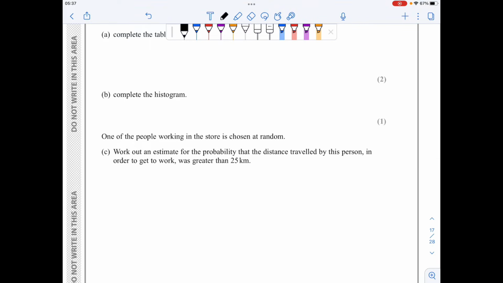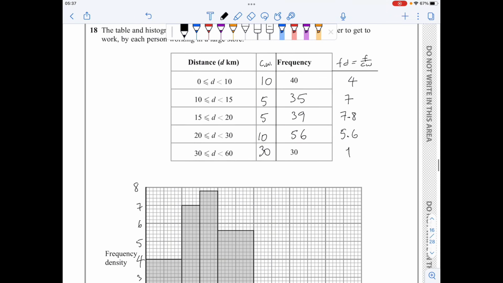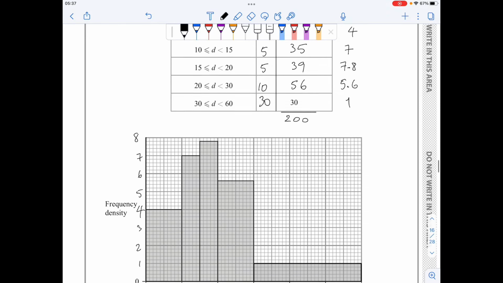In part C, we need to find an estimate of the probability that the distance traveled by this person was greater than 25 kilometers. Now to find this, my denominator will be the total number of people and the numerator, the number of people greater than 25. So if I go back to the table, I can add the frequency column. This will give me 200. That's my denominator. Now to find the numerator, I need the number of people greater than 25.